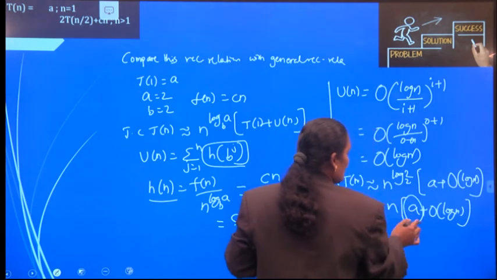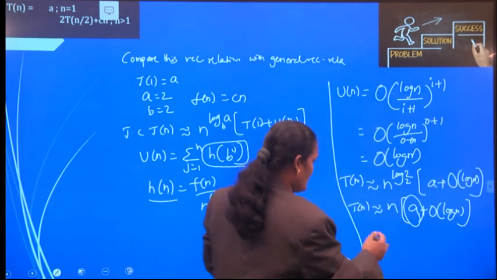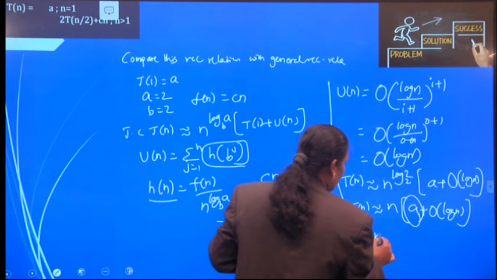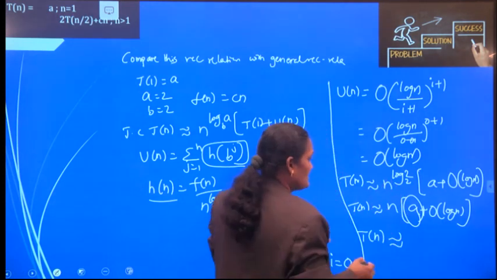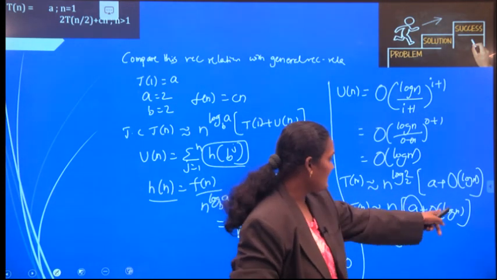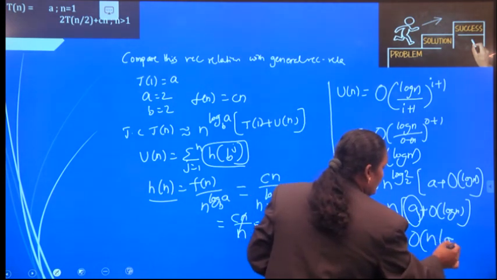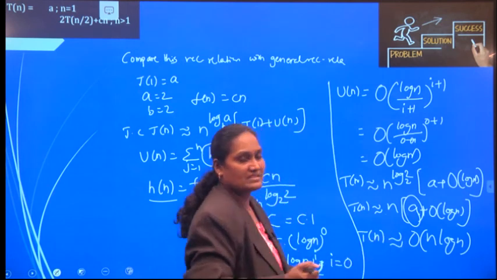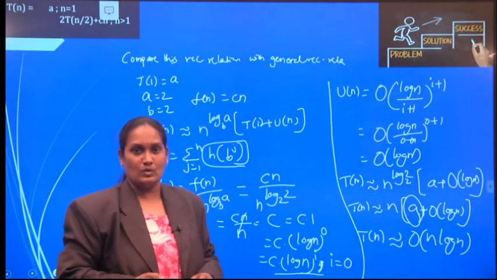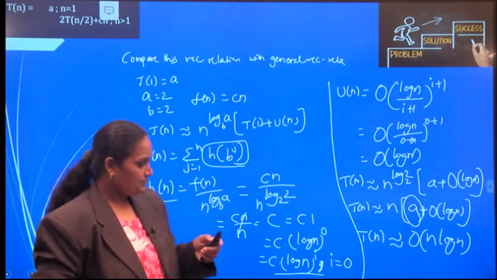Since a is a constant, we can omit that constant. Then by multiplying n with log n, we will get big O of n log n. That is, the time complexity of merge sort becomes big O of n log n.